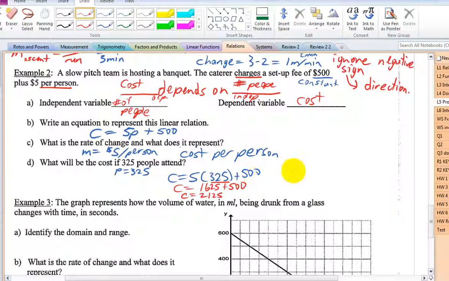So a short little sentence: the cost is $2125. Okay. Any questions?